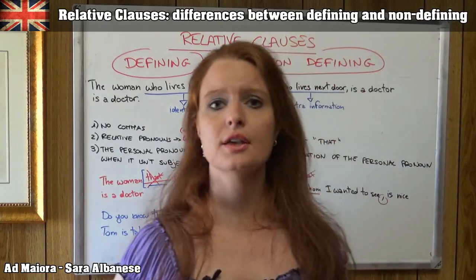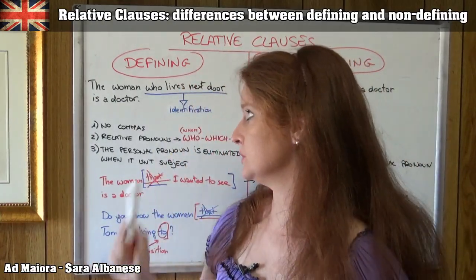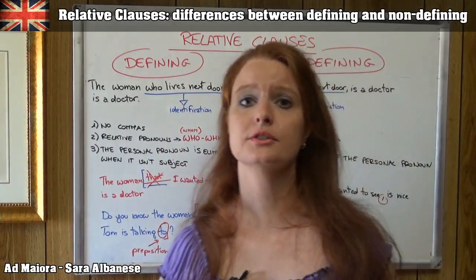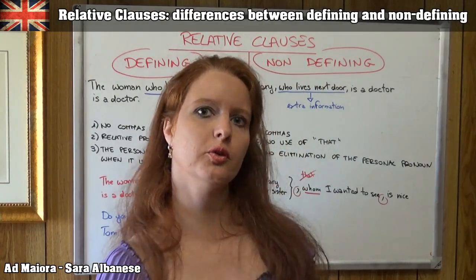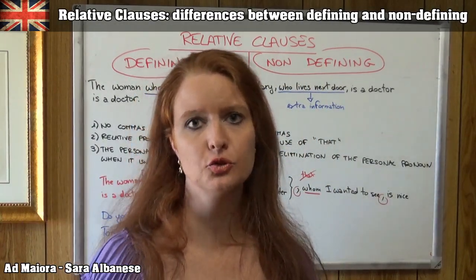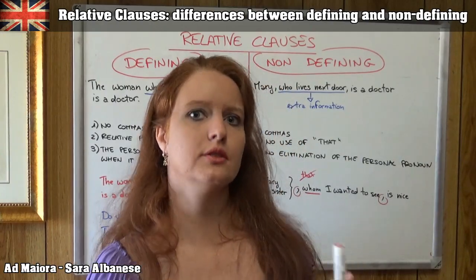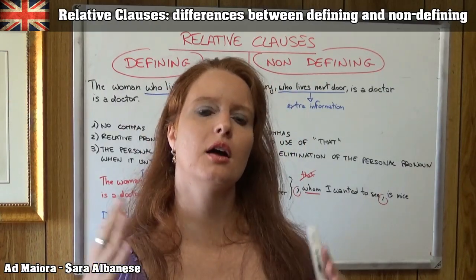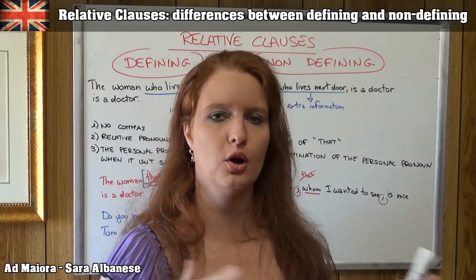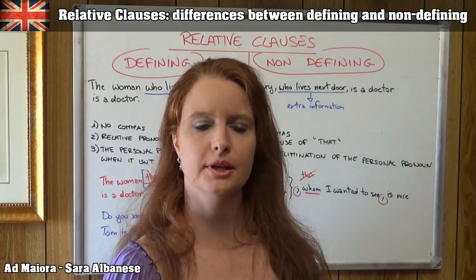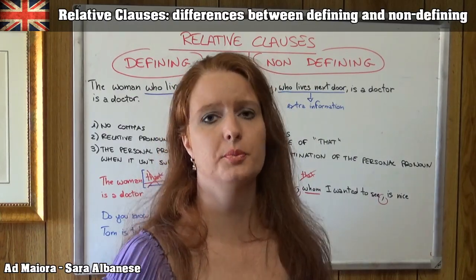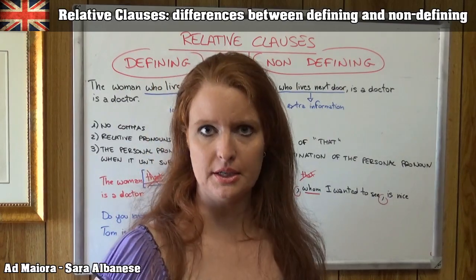Defining relative clauses don't use commas. Relative pronouns are three, okay, who for people, which for things, and that for both of them. And third rule, when the personal pronoun is an object, okay, with or without preposition, it is completely eliminated. If we have a preposition, it is at the end of the relative clause.